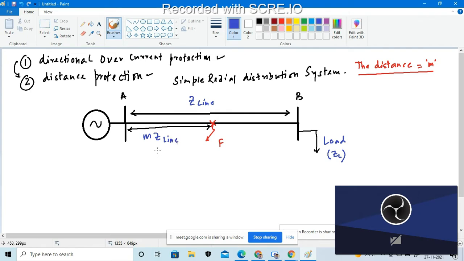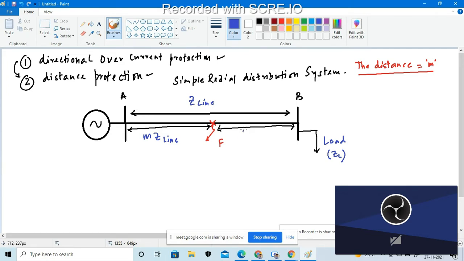And in this section, from there to the load side end, which will have some fault, this will be the downstream fault, so we can see the fault current.